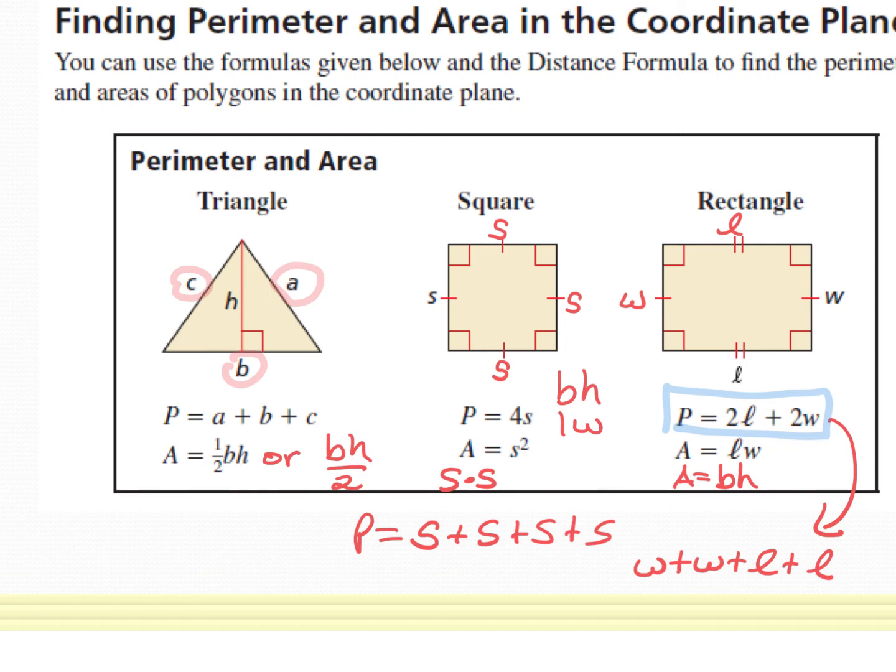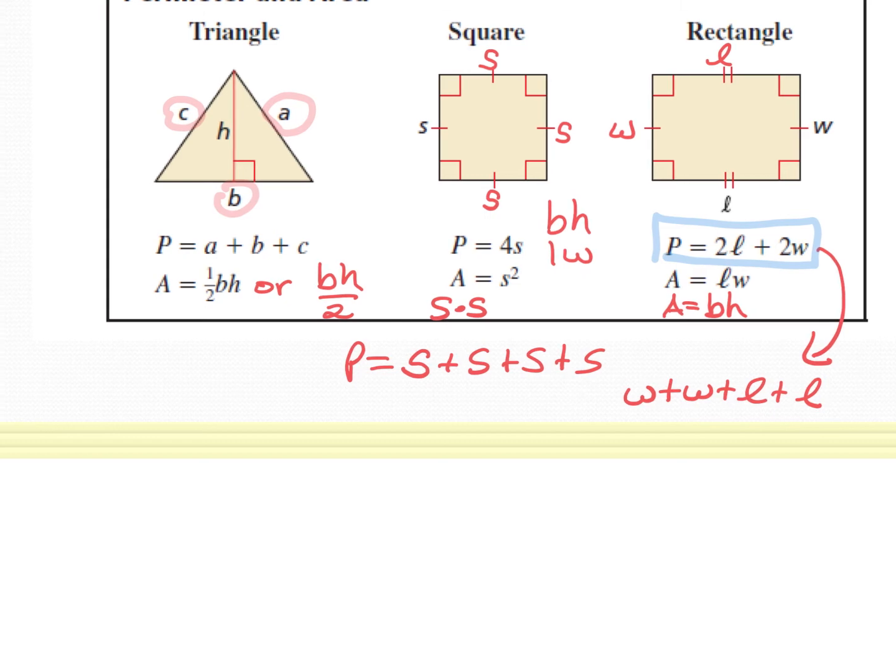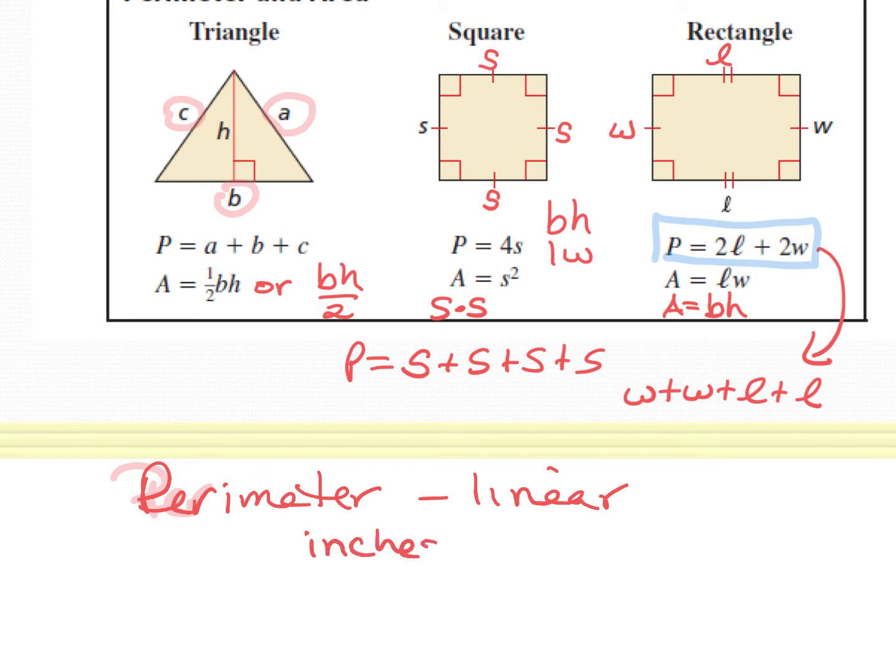Now, whenever you calculate a perimeter of any shape, usually it's always going to be measured in linear units. So for perimeter, the units are always going to be linear. And what I mean by that is they'll probably say the side is in inches or feet.